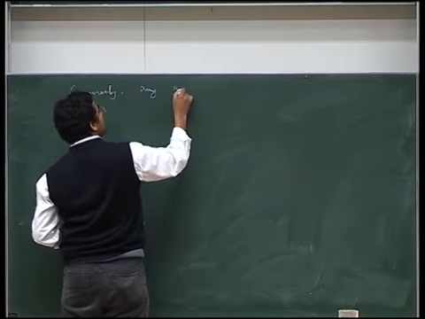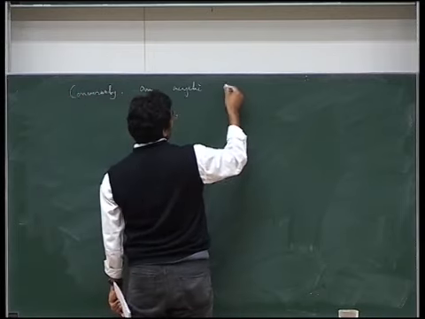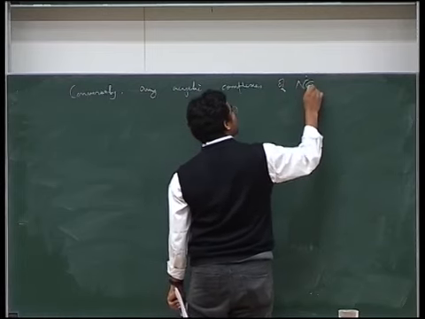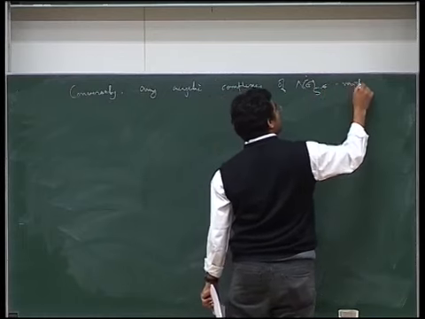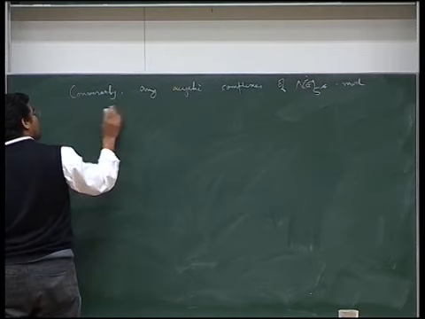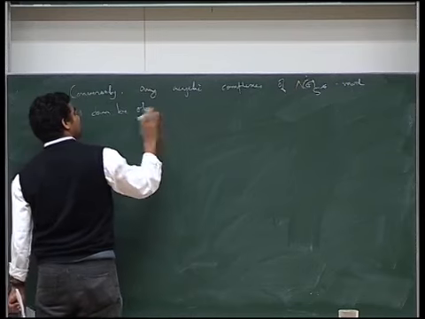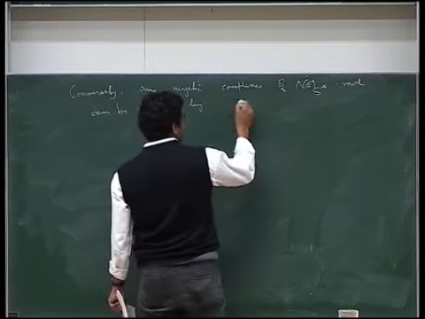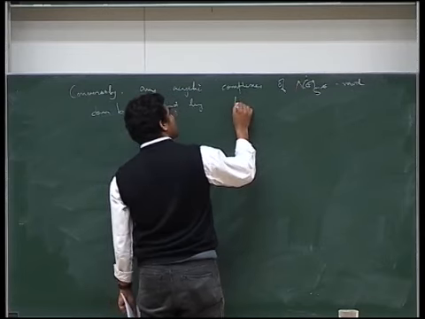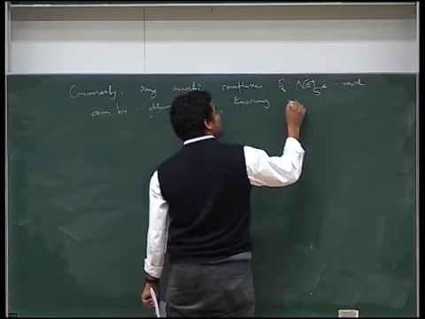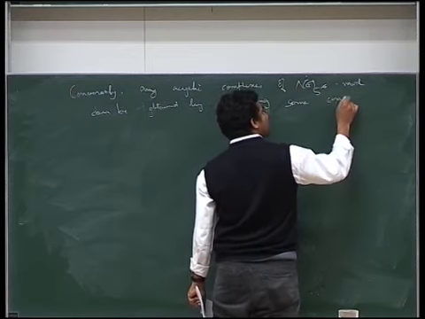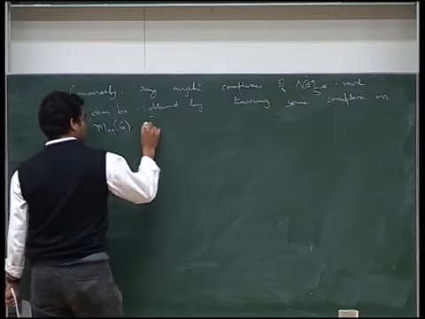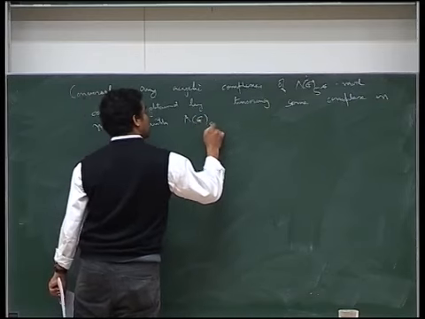Conversely, any acyclic complex of lambda G S star modules can be obtained by considering some complex in MH of G with lambda G S star.